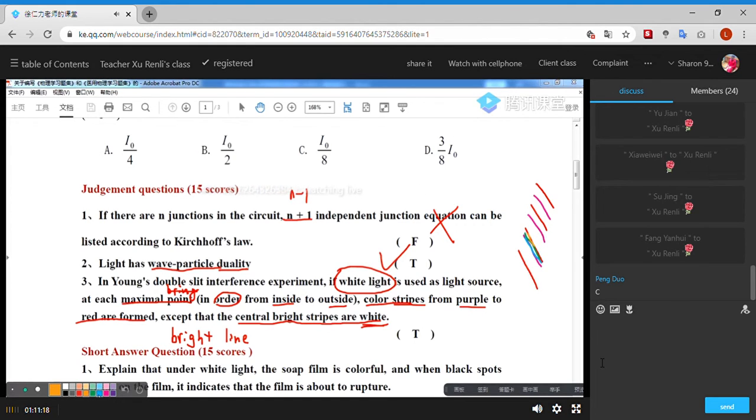Right here again, it's purple, blue, green, then yellow, and then red. Why? Why is the strip colorful for white light?